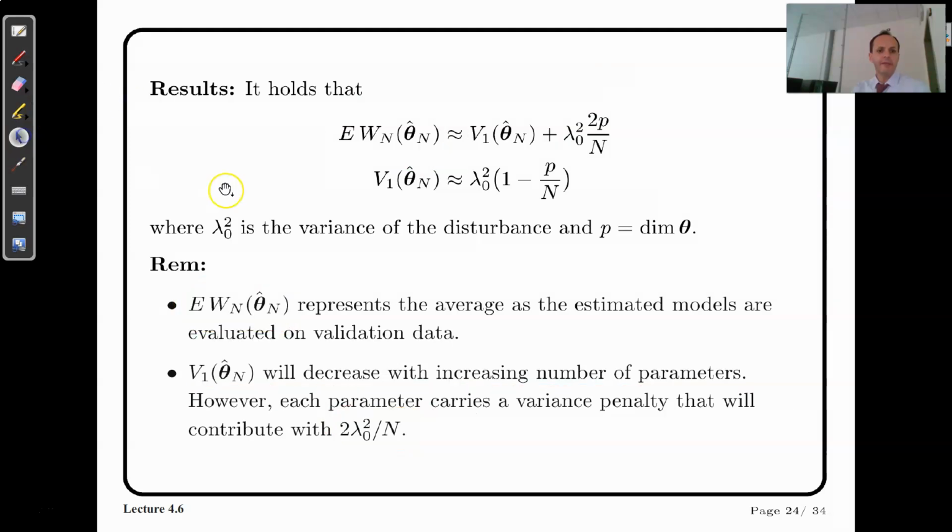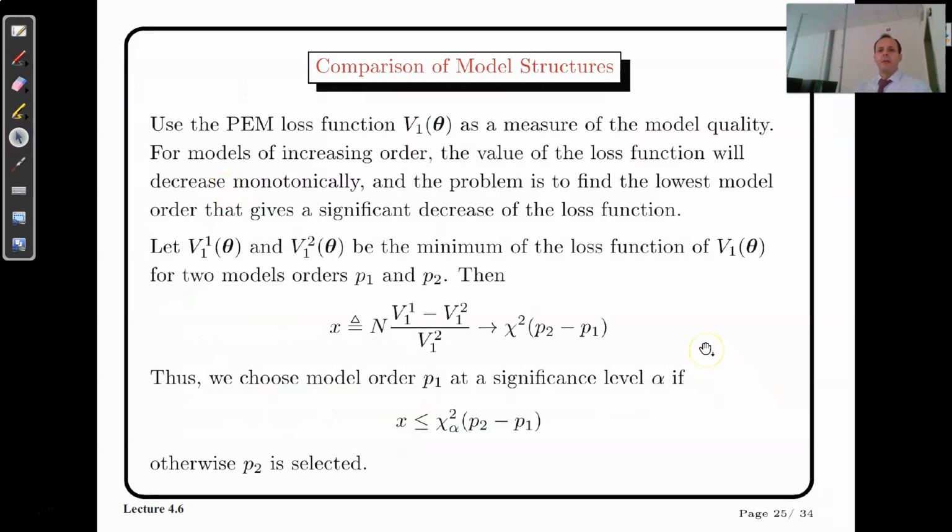Let's go ahead to finish. Another important point: during our identification experiment, we will obtain different models. So how can you compare different model structures? Of course, this is something that we are not really performing, but in principle, we are using the prediction error method loss function as a measure of the model quality.